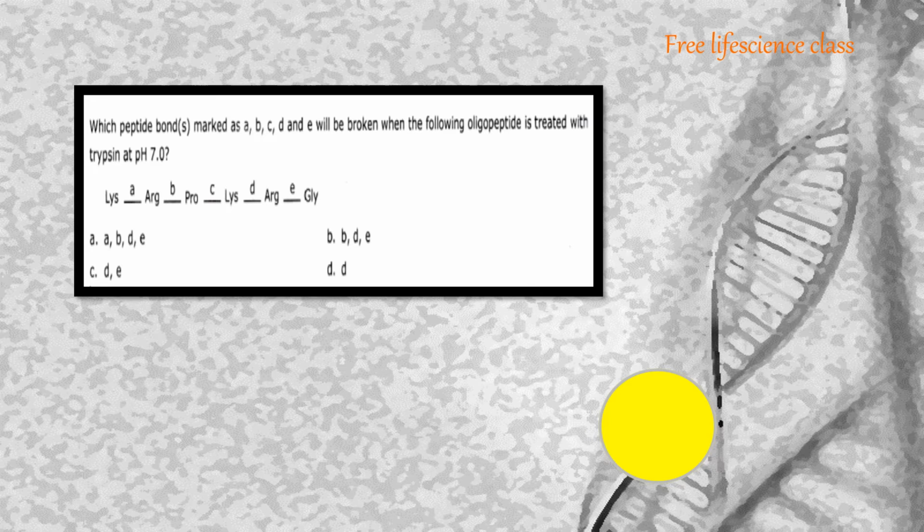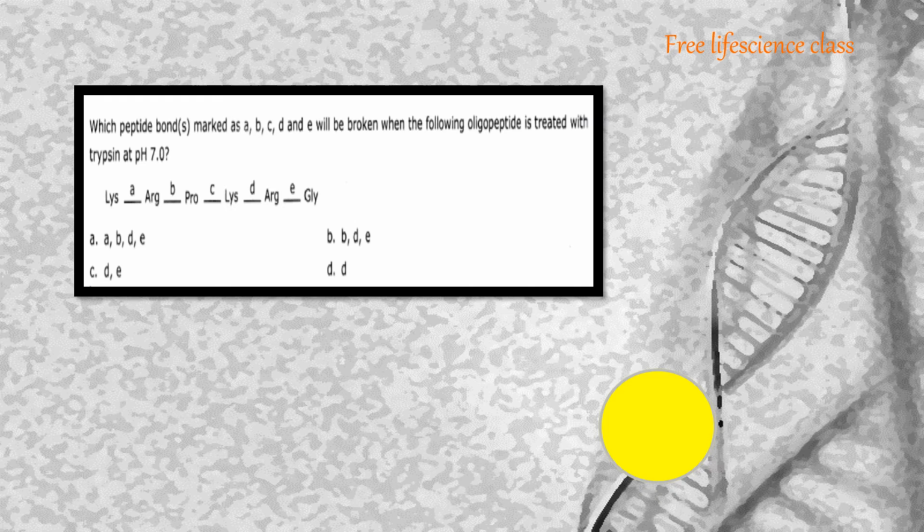Which peptide bond marked as A, B, C, D and E will be broken when the following oligopeptide is treated with trypsin at pH 7? Okay, stop.